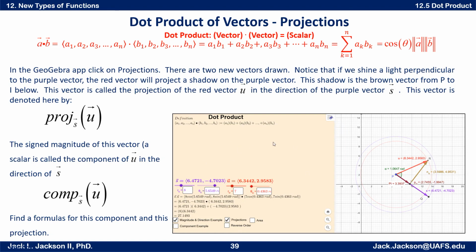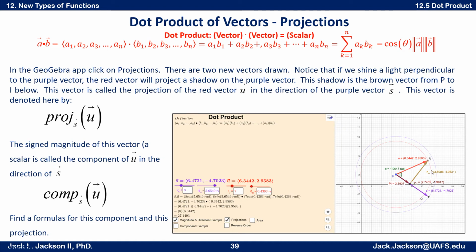So in the GeoGebra app, we're going to click on this projections thing. And notice what comes up here is you take this red vector and break it down into two components, not necessarily an x and y component, but a component that goes in the direction of the purple vector and one that's perpendicular to it. And we see that it's the part that goes in the same direction that makes a difference.